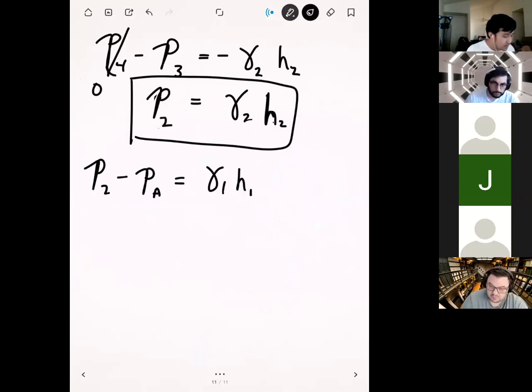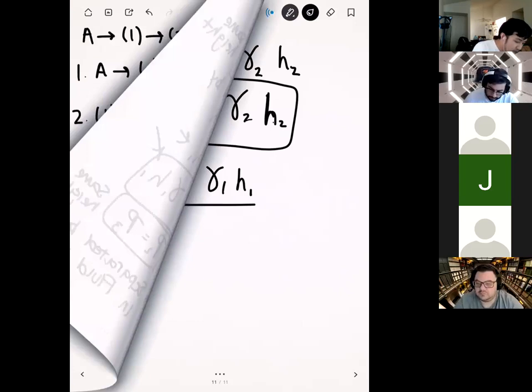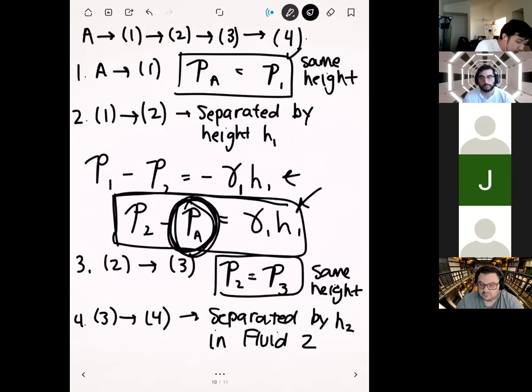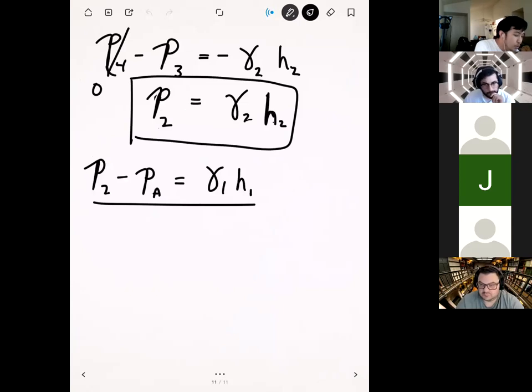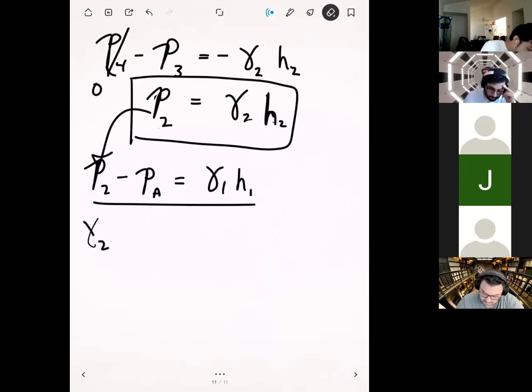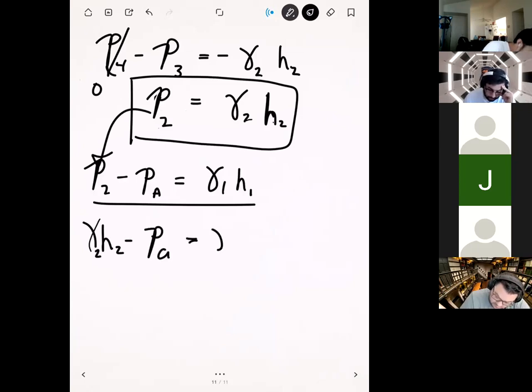Then I'm going to take this P2 and plug it into our equation from step 2. I've rewritten this expression onto the next page for convenience. So let's plug P2 into this equation so that we can solve for PA. We have gamma 2 H2 minus PA is equal to gamma 1 H1.